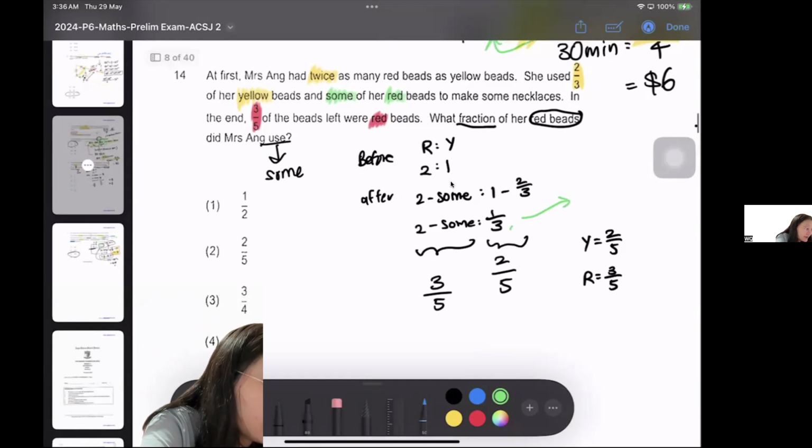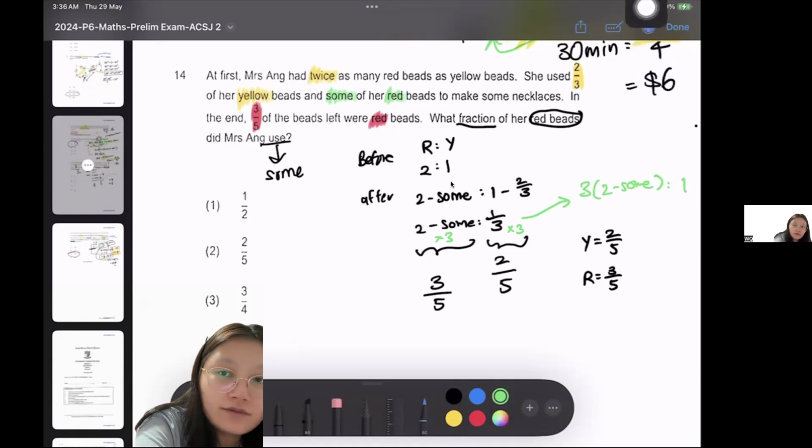So let's just times 3 on both sides, okay? Times 3 here. If we times 3 on both sides, it becomes 3 times 2 minus sum is to 1, because 1/3 times 3 is 1.